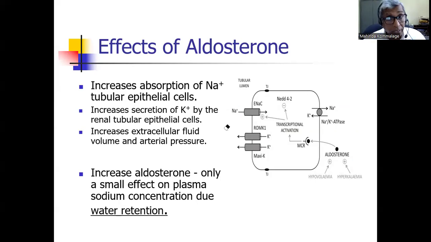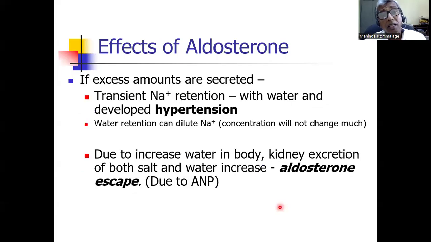When we have sodium anywhere, it can retain water and remove water, right? If the sodium reabsorption increases, that will facilitate more water reabsorption. If the sodium reabsorption decreases, that will facilitate removal of water, right? So water retention will occur with sodium reabsorption. So that is the action of aldosterone in the renal tubule.